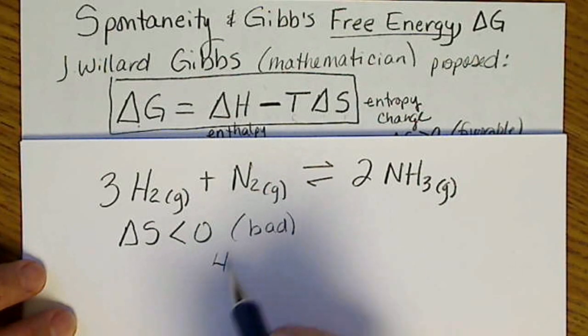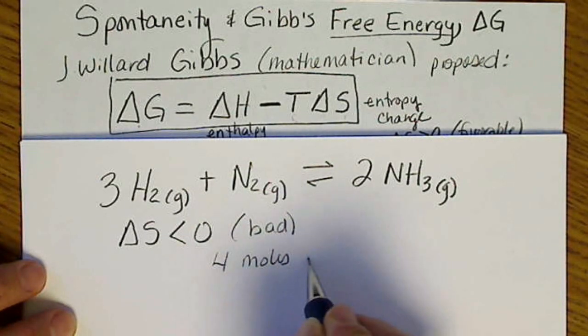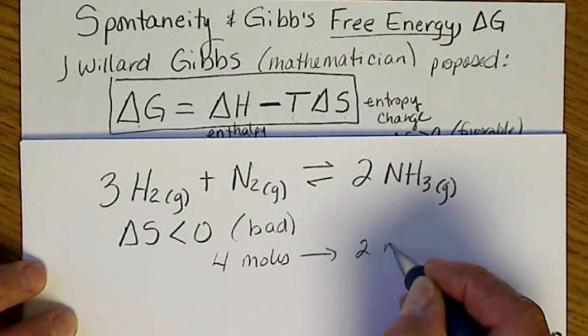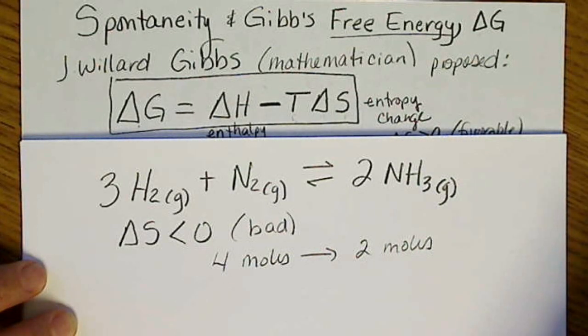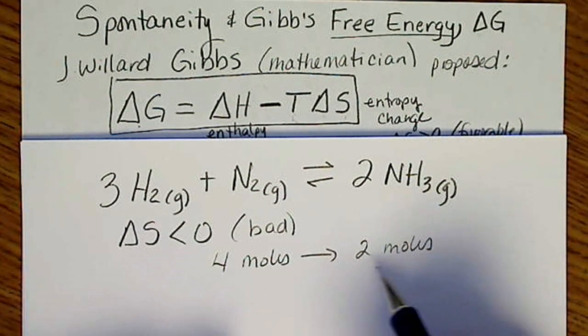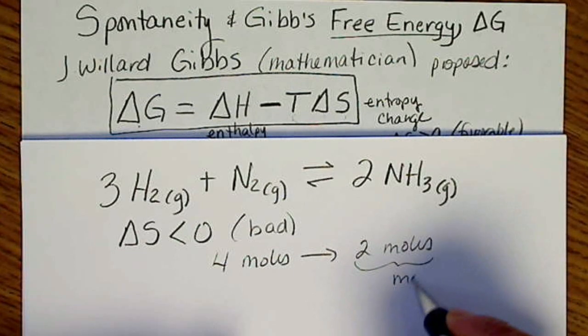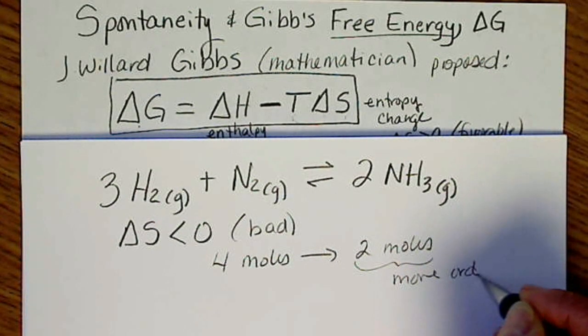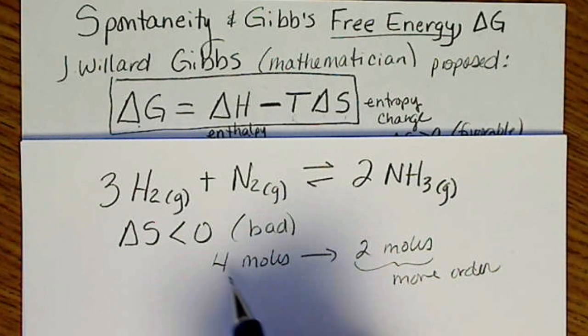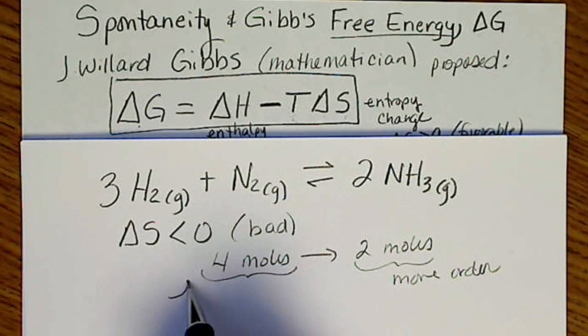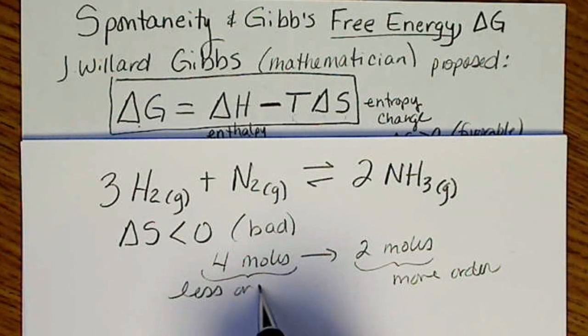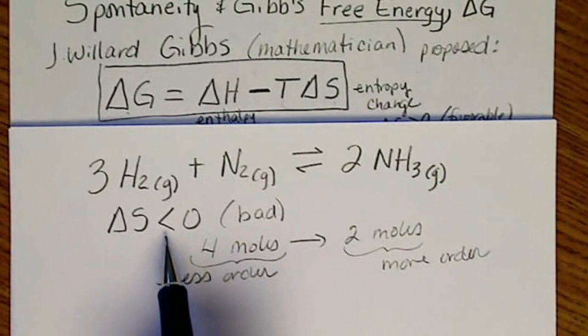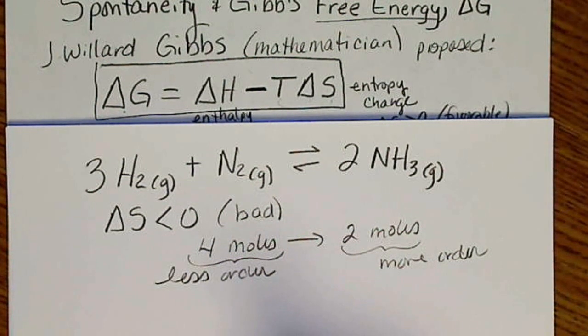Here we have 4 moles of a gas on the left, going to 2 moles of gas on the right. So this side is going to have more order because there are fewer things to create disorder. So the product side has more order than the reactants side. So the delta S term is bad.